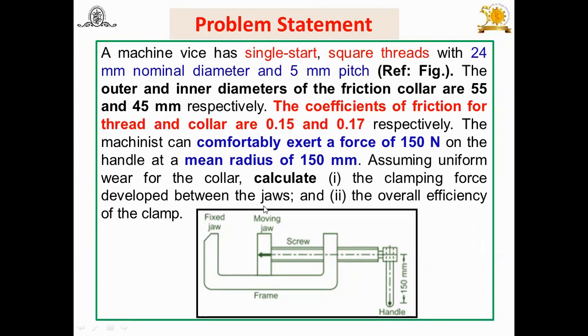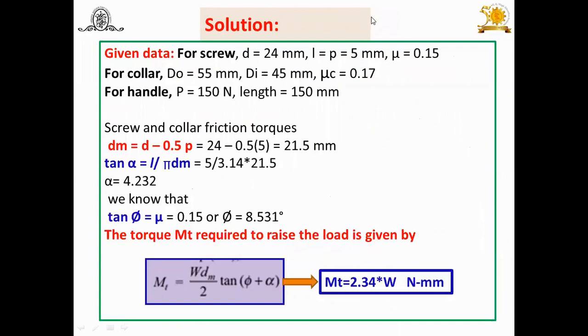Based on this data, you have to solve the problem. The first step: always write the given data. Read the problem statement carefully and write the given data. For the screw, nominal diameter D is 24 mm, pitch is 5 mm, and it's a single start thread. For a single start thread, you know very well lead is equal to pitch, so you can note down lead is equal to pitch, 5 mm.